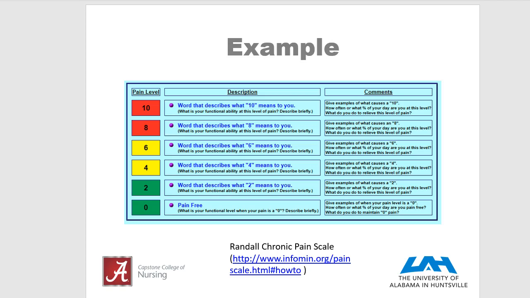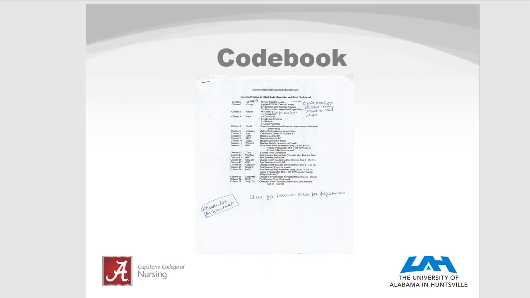One of the things we're going to talk about as we move forward in regard to data collection and data management is a code book. This is an example code book that I just scanned in from my notes from my PhD program.